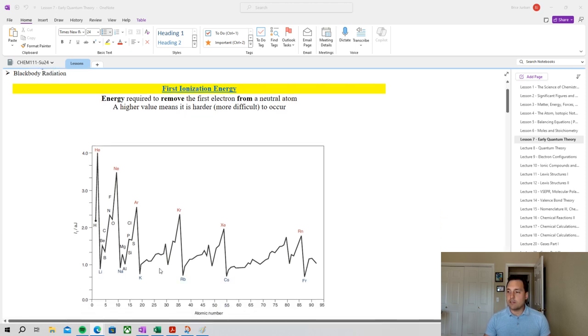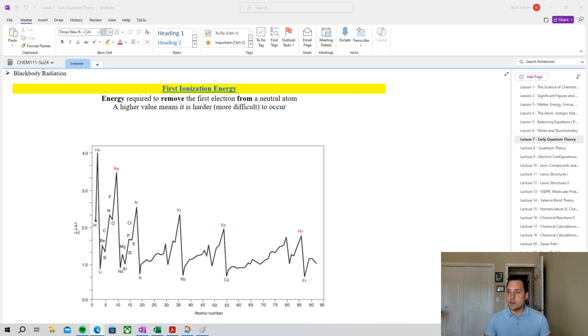If we look at a graph of the different elements and their ionization energies, which are in units of attojoules here, which is 1 times 10 to the negative 18 joules, we'll see an interesting trend. We start with hydrogen, which has a fairly high ionization energy, roughly 2.2 attojoules. We go on to helium and see that helium has the highest ionization energy of all the elements.